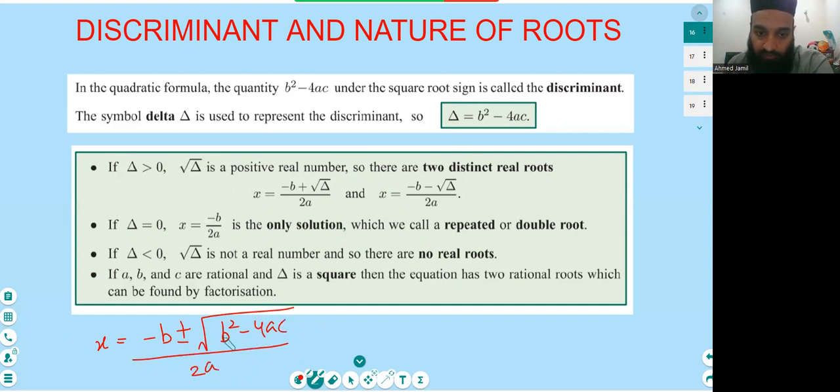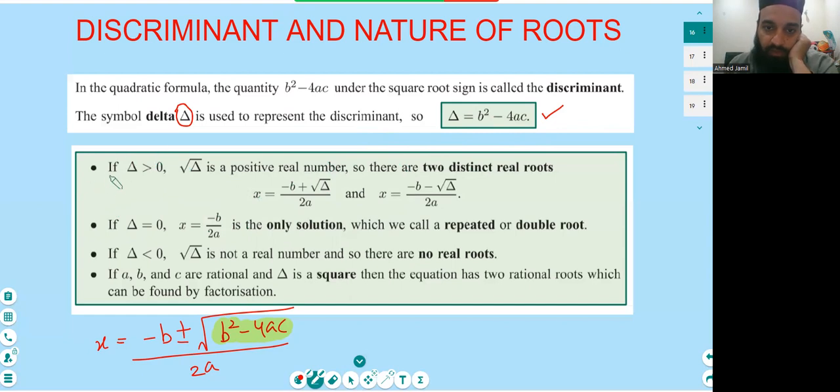In this formula, you can see the expression inside the square root, this b squared minus 4ac, is known as the discriminant. Got it? It's represented by delta, so delta is equal to b squared minus 4ac. And obviously b, a, and c are the coefficients of the quadratic equation, right?